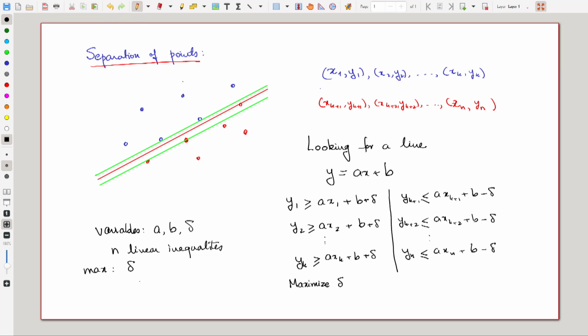This objective function in general is a linear function of the variables, in this case it is just one of the variables, delta. So, here is a problem of point separation reparameterized as a problem of optimization under constraints which are linear inequalities and the optimization of a linear objective function.